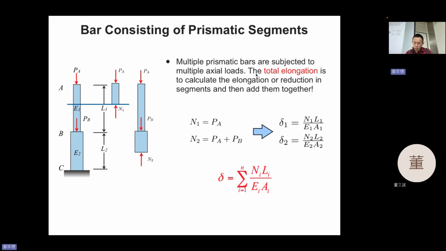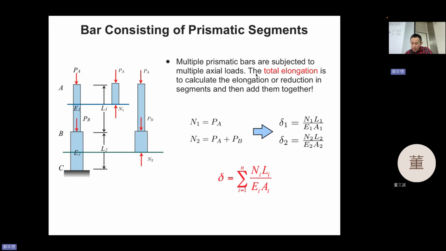So N1 equal to PA, no problem. And then next we cut. If we cut that and keep the upper part, then minus PA minus PB plus N2 equal to 0. So N2 equal to PA plus PB. That's exactly what we wrote here.